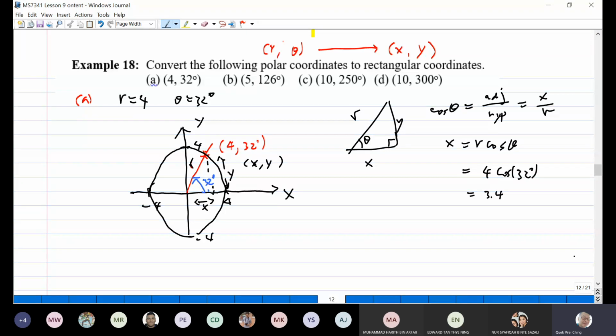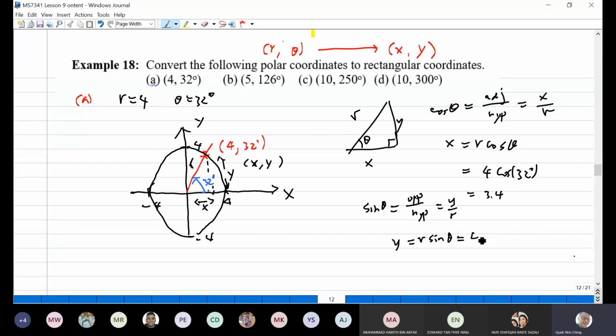You can also find y now. How to find y? You can use sine theta here. The formula sine theta is opposite over hypotenuse, right? Opposite is y, hypotenuse is r. So that means y is r sine theta.